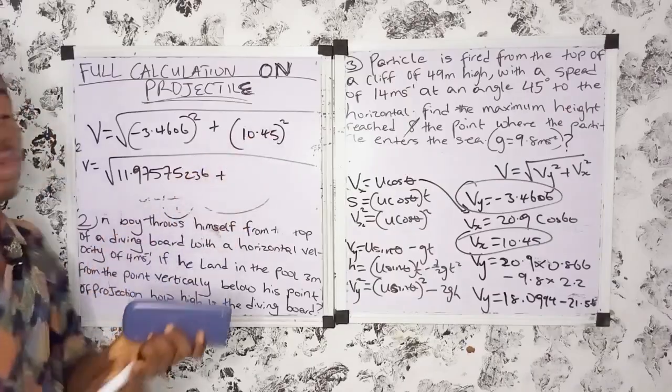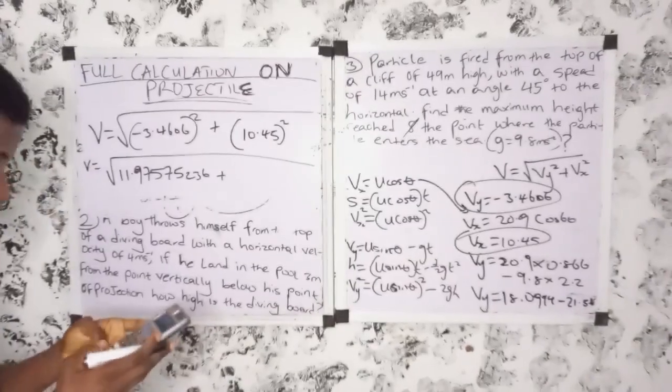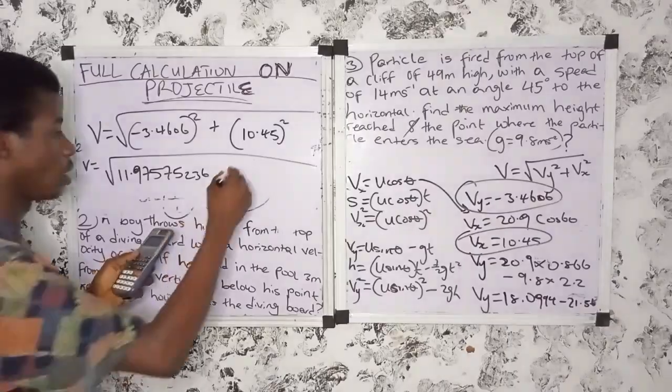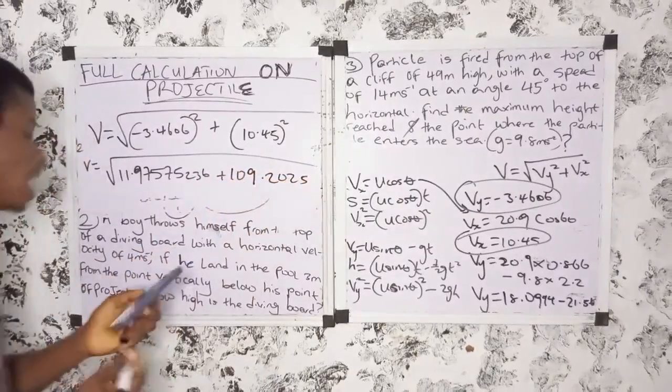Then plus the square of 10.45. The square of 10.45 will give us 109.2025. So let's add them.